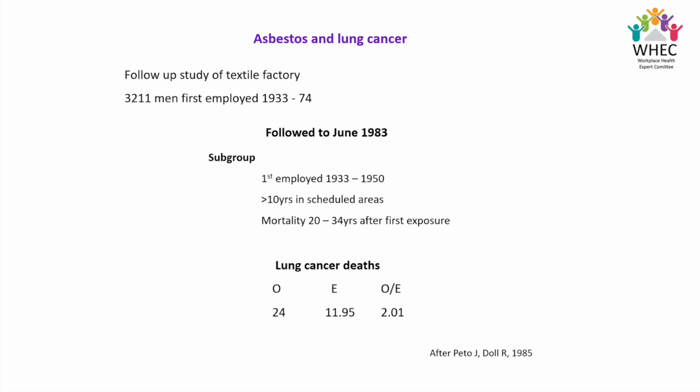The conclusion from this is that while the intervention had been effective, it had not been sufficiently effective to reduce the continuing risk of lung cancer in those working with asbestos.